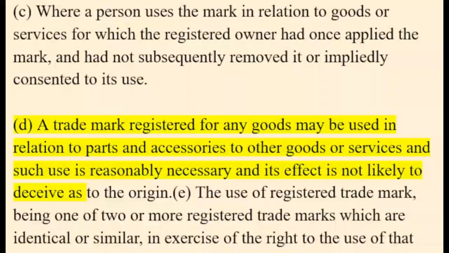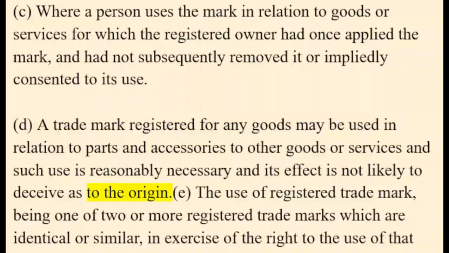A trademark registered for any goods may be used in relation to parts and accessories to other goods or services, and such use is reasonably necessary and its effect is not likely to deceive as to the origin.